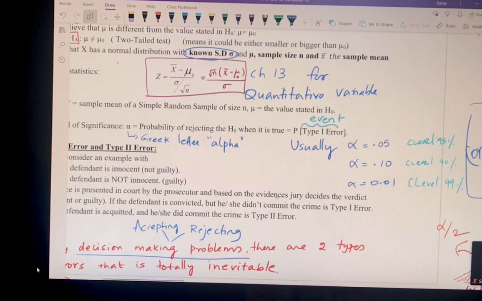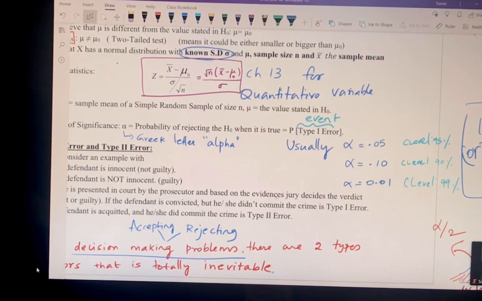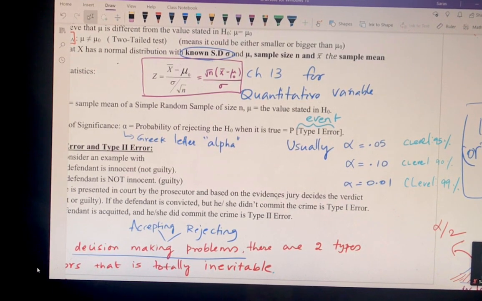So that's why I'm going to put my alpha as 10% or 5% or 1%. Again, this is a fixed number and it should be given in your problem. The alpha should be given in your problem when it comes to the testing of hypothesis. When it is confidence limits, you should be given the confidence level, say 90% or 95% or 99%.